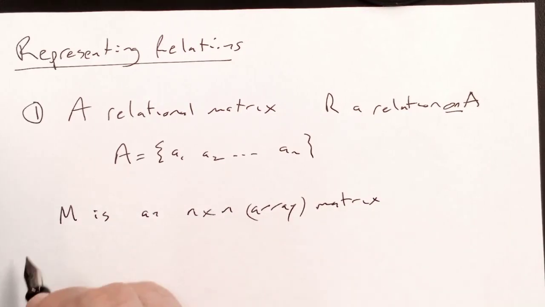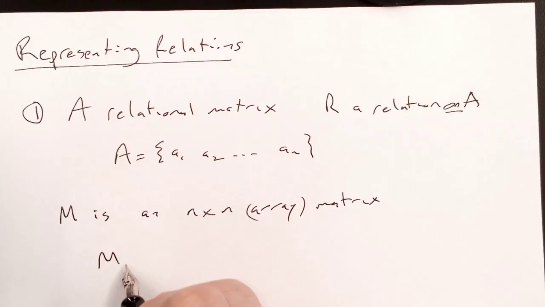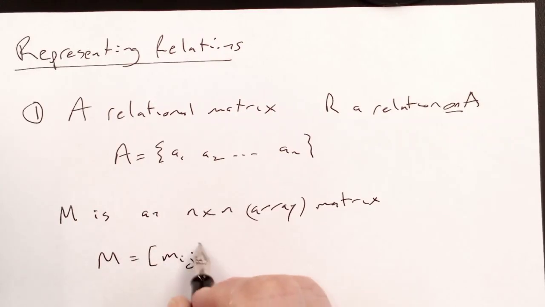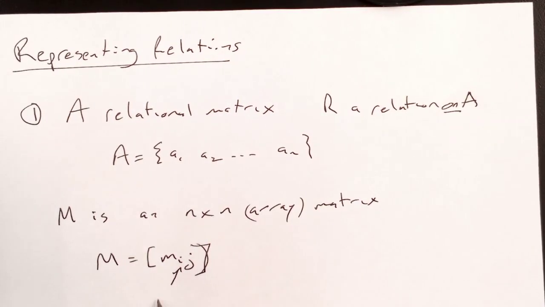And I'm going to talk about the entries with double subscripts, where i is the row and j is the column.